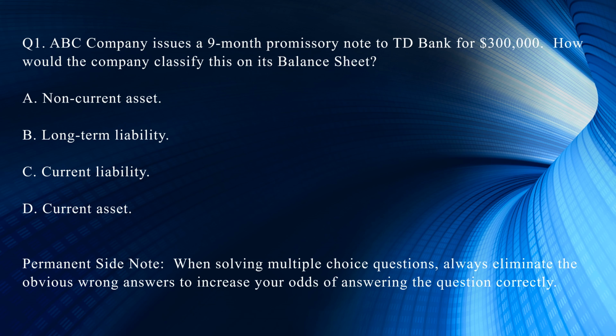Contrary to that, if it was a 16-month note or a 24-month note, a 2-year promissory note, then it would be a different story because we anticipate paying off the liability in a time period that's greater than 12 months, and that will receive the long-term or non-current liability classification. So the answer to question 1 would be C, current liability.